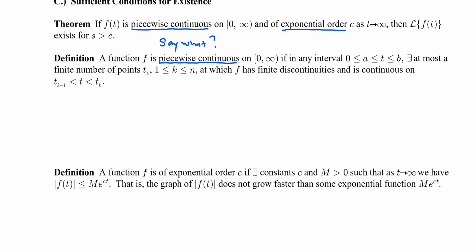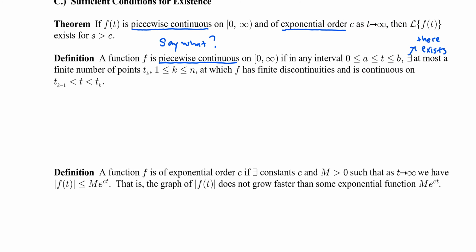Then there exists, the backwards e we pronounce, there exists at most a finite number of points, t sub k, where 1 is less than or equal to k, less than or equal to n. So this is just saying that subscript is a finite number and it has a finite upper limit, at which f has finite discontinuities and is continuous on the interval t sub k minus 1 less than t sub k. Okay, did you get all that?